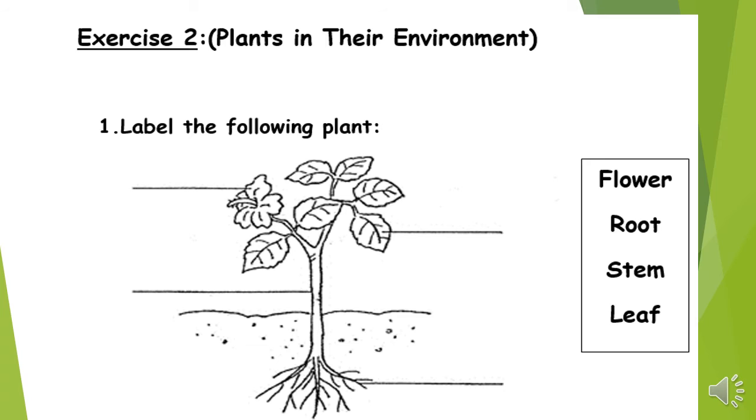So the first part of this plant is the root, which is found under the soil. Now, as the root grows downward, the stem grows upward. Excellent. So the next part is the stem.